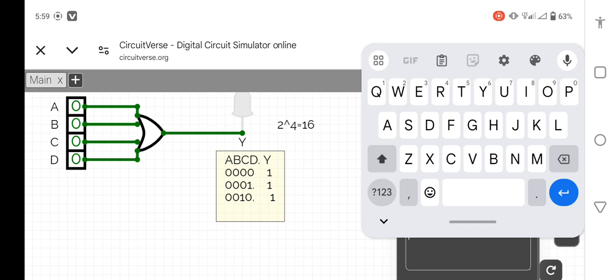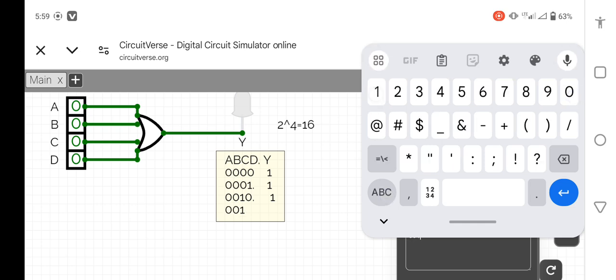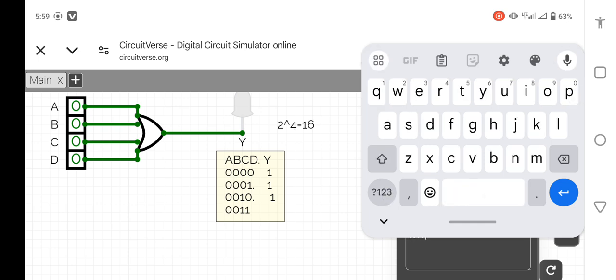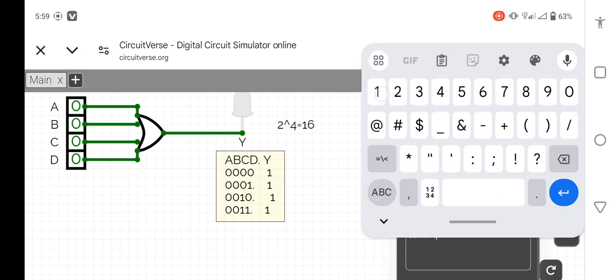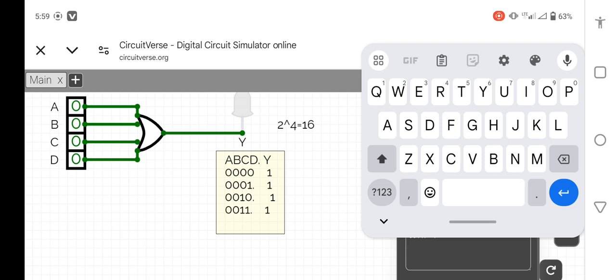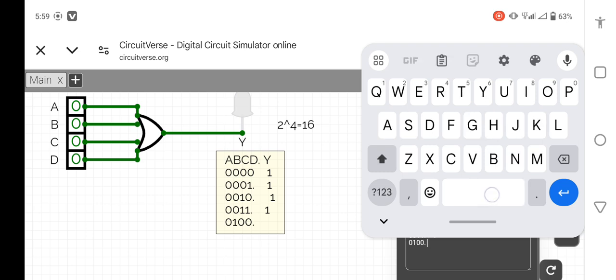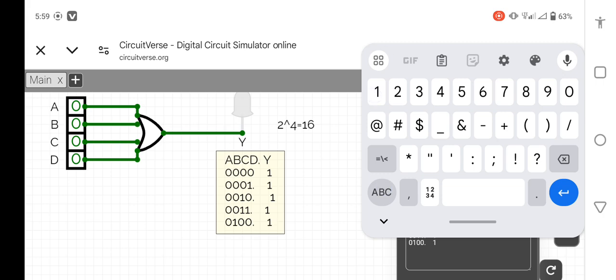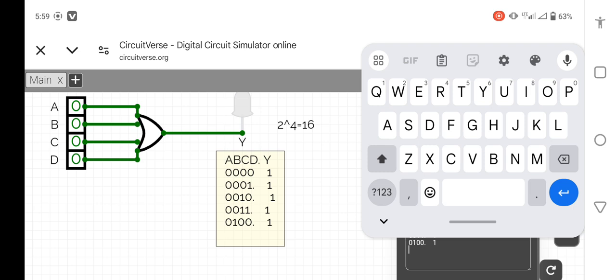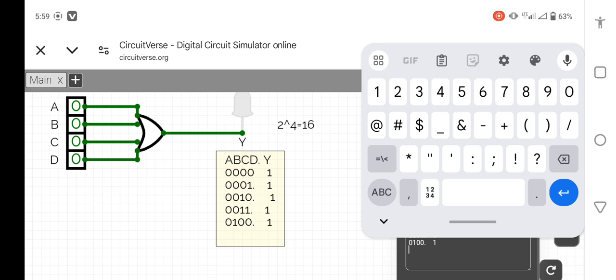The fourth we have 0011. So the output is 1. The fifth we have 0100. So the output is 1. Sixth input we have 0101.